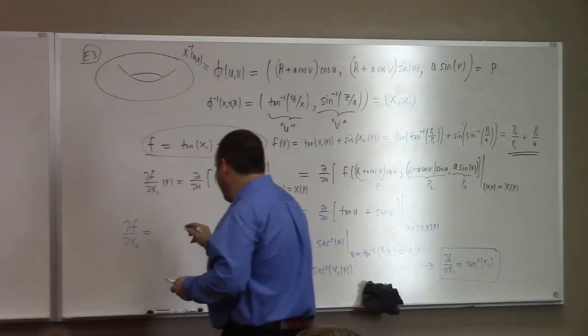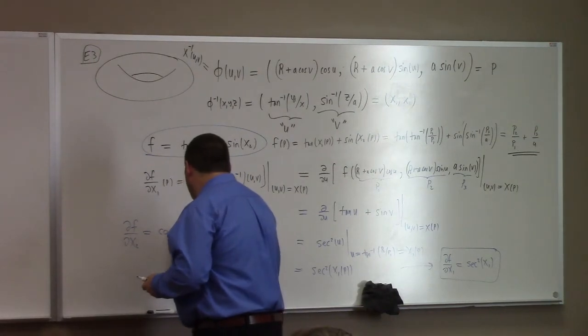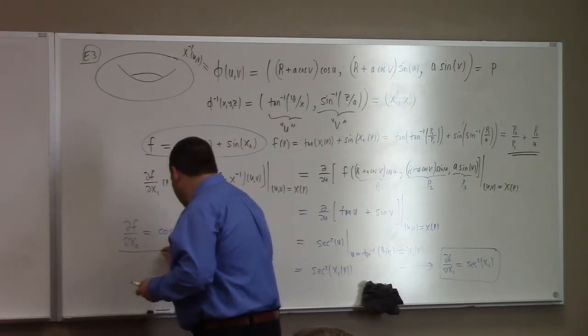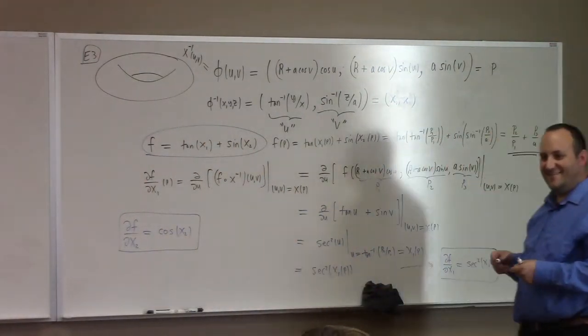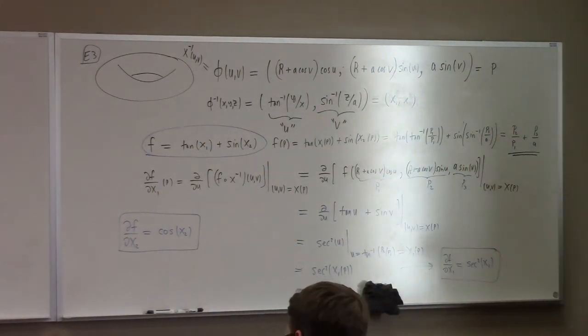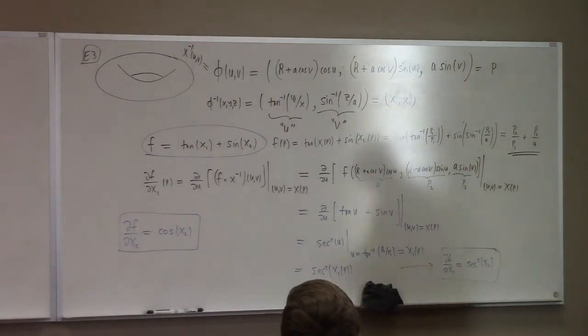Cosine of x2. See? This definition is very easy to understand, as is evidenced by Travis finding the correct answer. Should make a note saying that you actually are talking to a student.